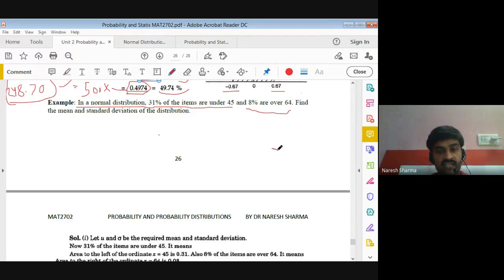So you know that a bell shaped curve is always normally distributed. It is given, find the mean and standard deviation of your distribution, and the data is normally distributed.